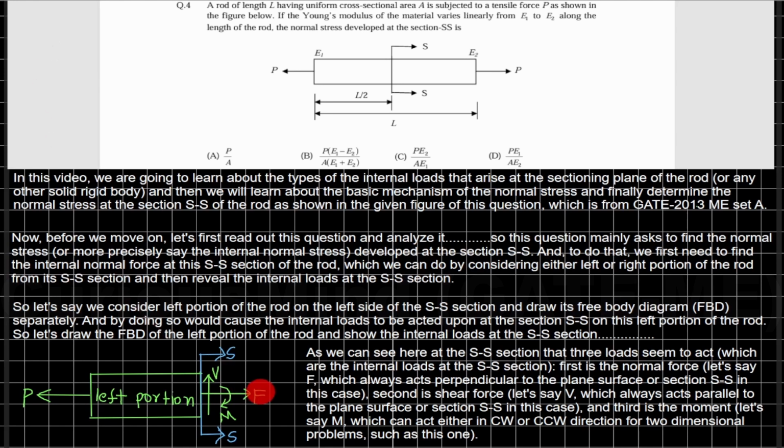That F is acting in the rightward horizontal direction, as we assumed.